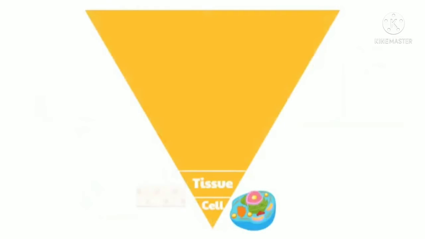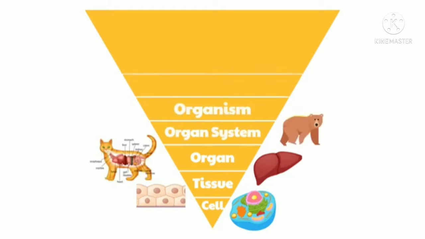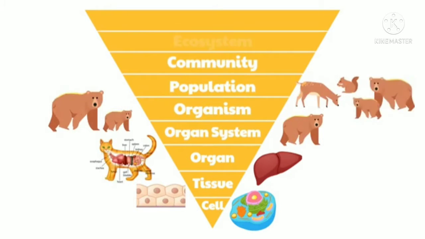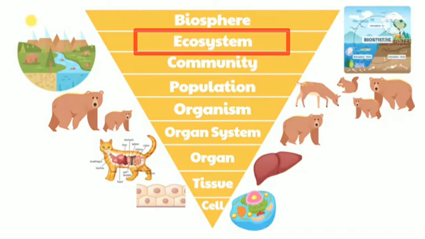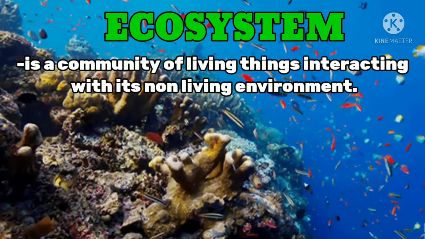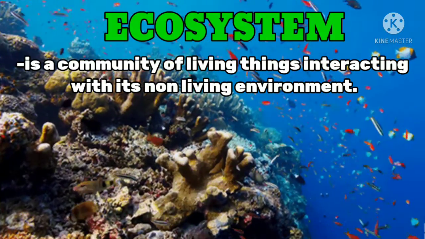Let's go! In our previous video, we learned about the different levels of biological organization, which are arranged from simple to complex, one of which is the ecosystem. An ecosystem is a community of living things interacting with its non-living environment.